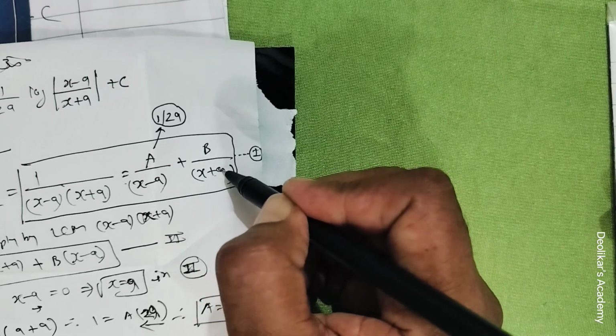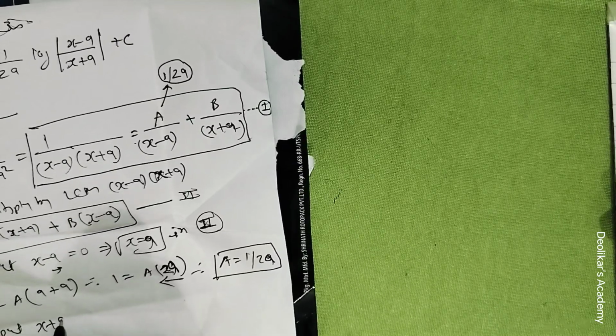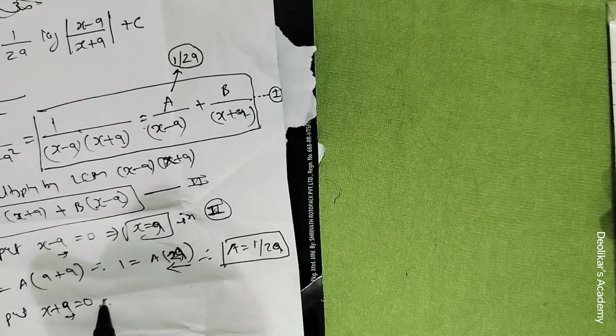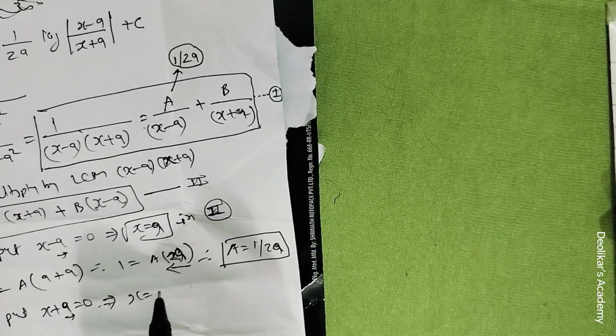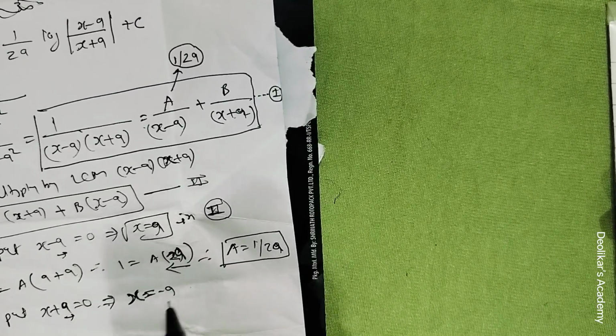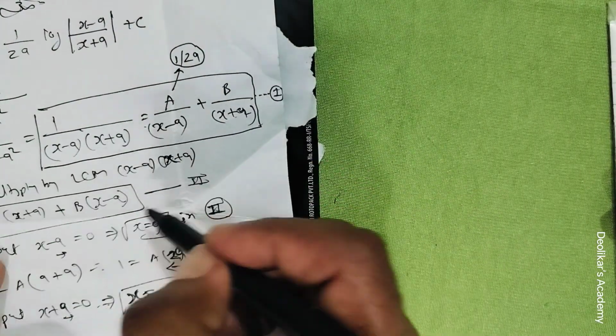So put x plus a is equal to 0. This implies x is equal to minus a. So where will you put it? You will put this in the second equation.